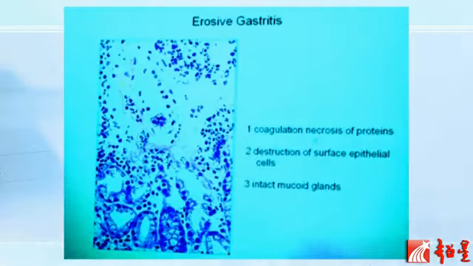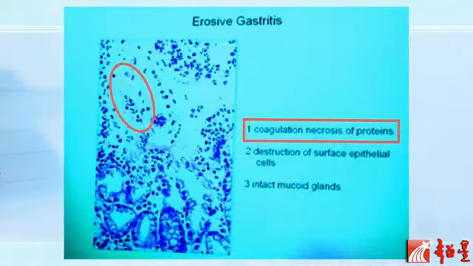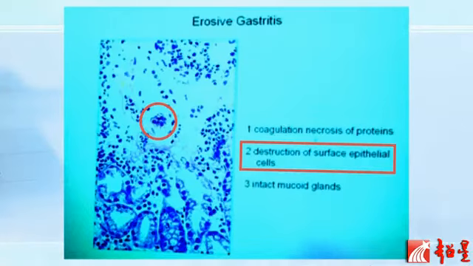Here this one shows us the coagulative necrosis of proteins, this area, without nuclei. And second, here shows us the destruction of the surface epithelial cells.